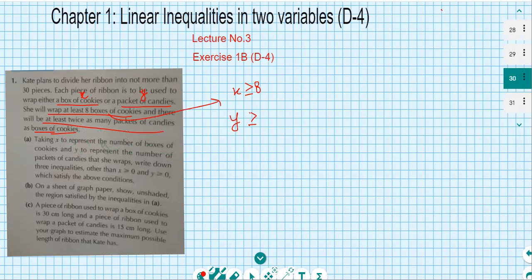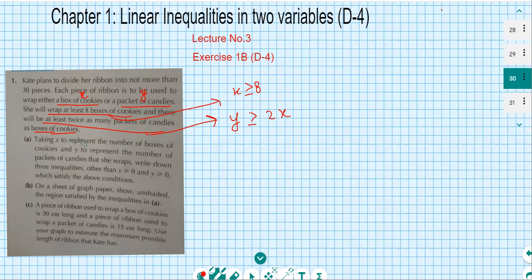It means the number of boxes of cookies will be multiplied by 2 in order to make it double. So 2 multiplied by X. This is the second condition: Y is greater than or equal to 2X.